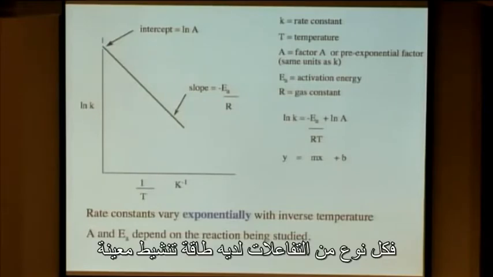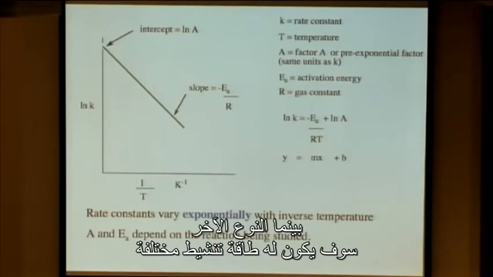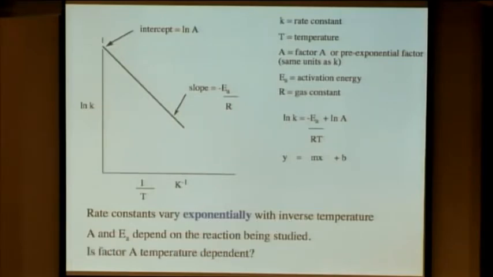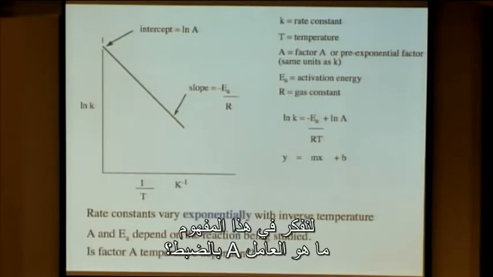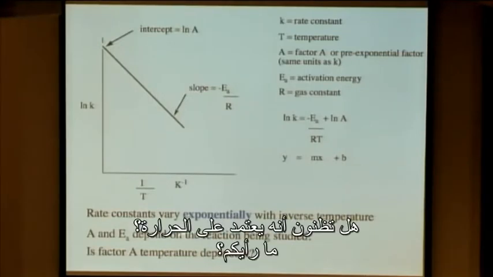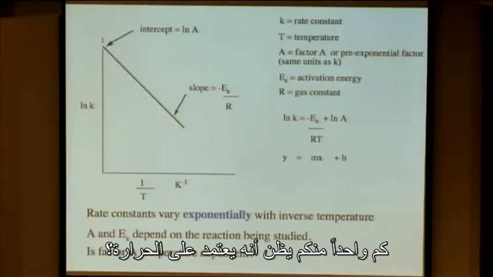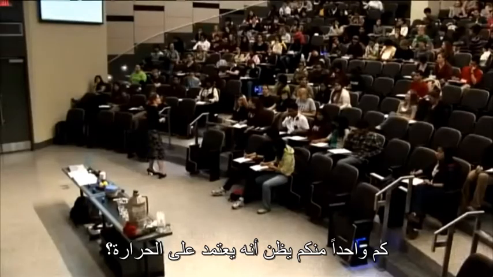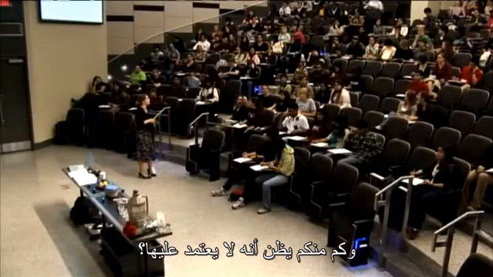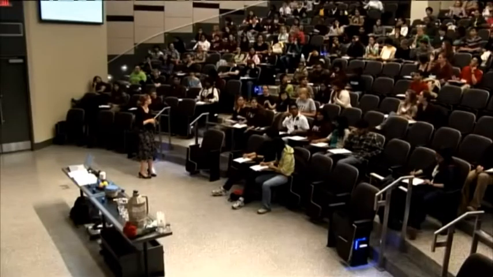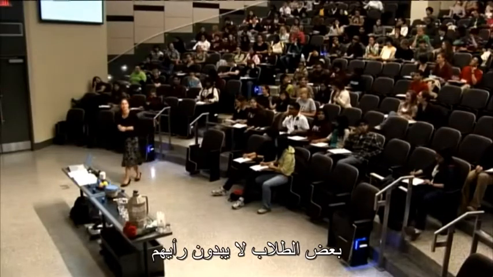One kind of reaction is going to have one activation energy, another one will have a different one. So let's think about this term factor A. What is it exactly? Do you think it would be temperature dependent? How many people think yes, it would be temperature dependent? How many people think no? Some people are not going to commit.